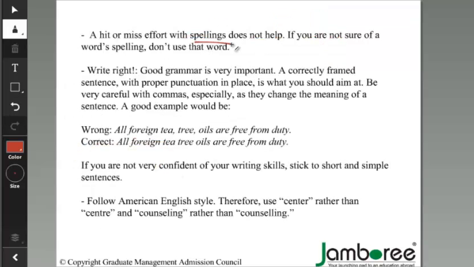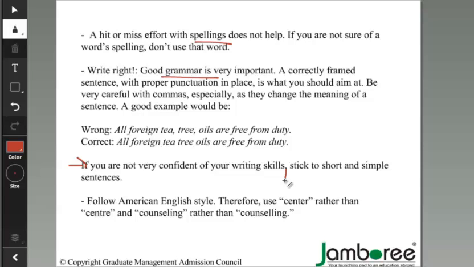Right, spelling, I already covered this. Be careful of punctuation. Good grammar is very important. So here my advice is that if you are not very confident of your writing skills, I deal mostly with engineers. I myself am an engineer, so I think in bullet points, and most engineers also think in bullet points, right?